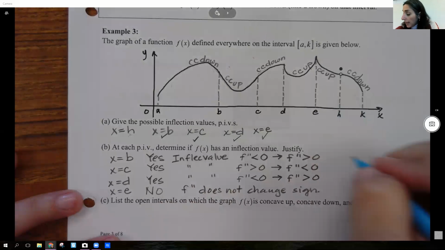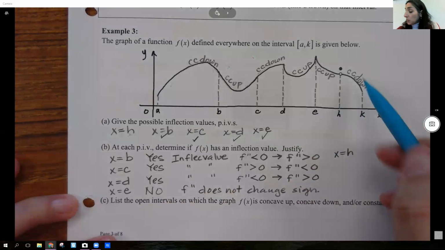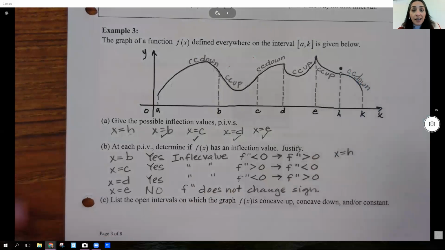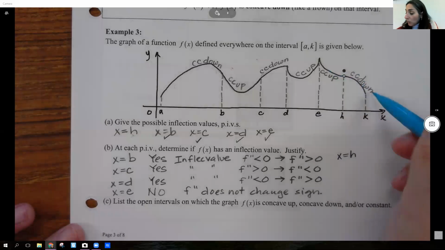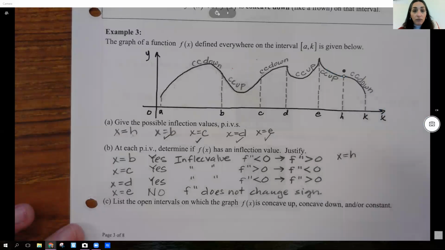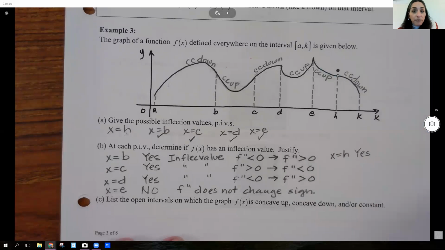All right, last one, X equals H. X equals H is a point of discontinuity. And the question is, what's happening on either side of H? Well, we're concave up and we are concave down. So guess what? H is a yes.